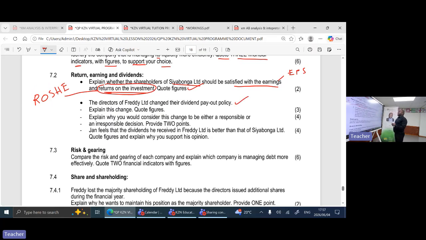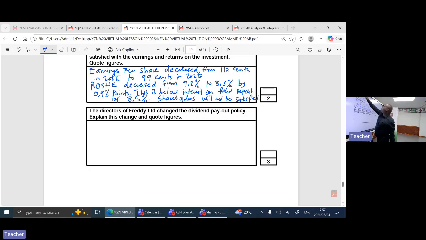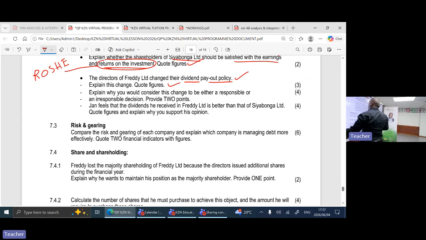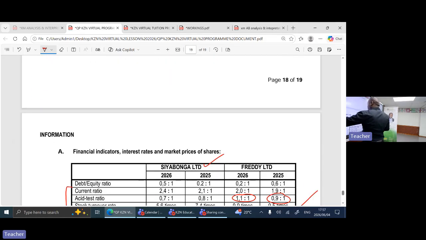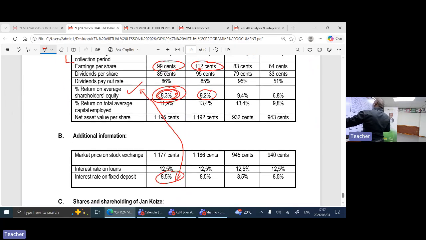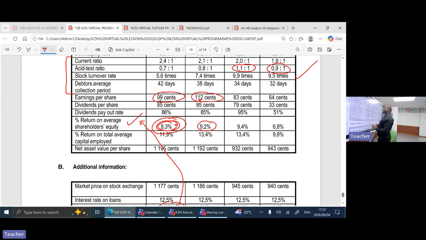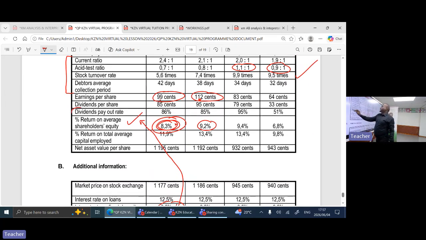The directors of Freddie Limited changed their payout policy. Explain this change. Basically, quote figures. They changed their dividend payout policy. Now, for dividend payout, I'm going to check the formula, and we calculate it if it is not given, for both companies.